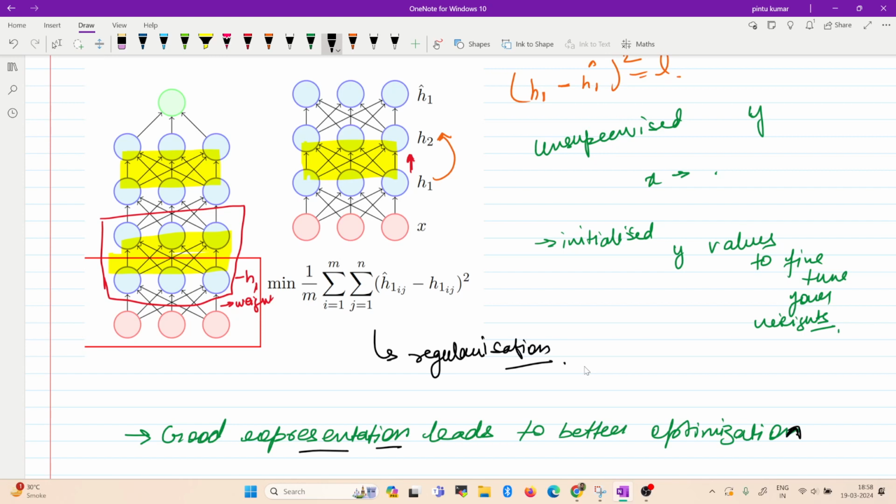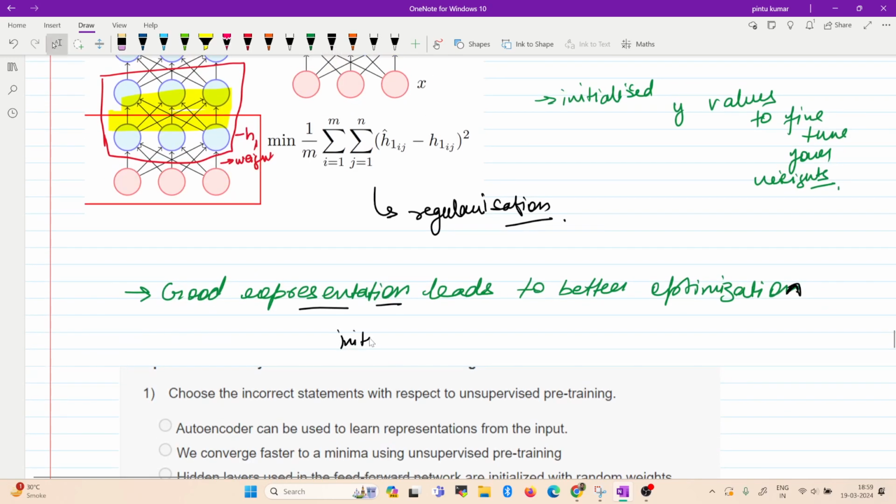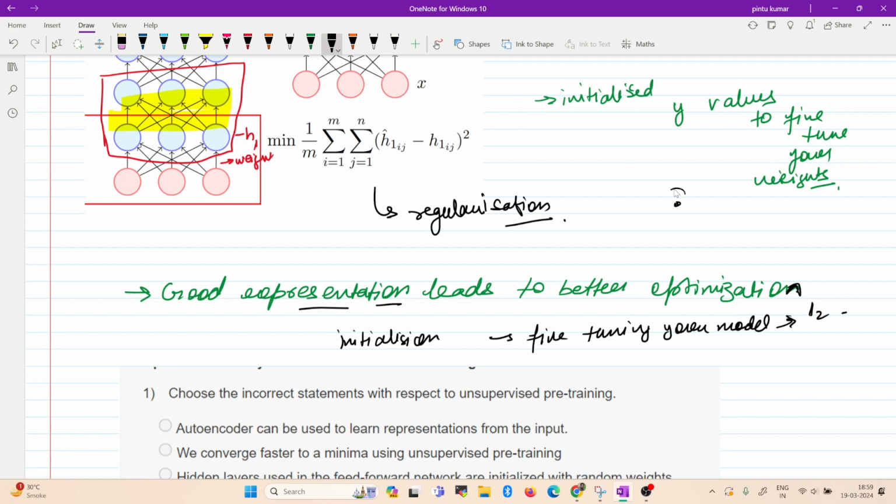Why am I saying this? This alone won't help you in regularization, but if you take this kind of initialization, and when you are fine tuning your model, you take very simple steps to regularize, for example, L2 regularization, then you won't be able to move very far from this representation.